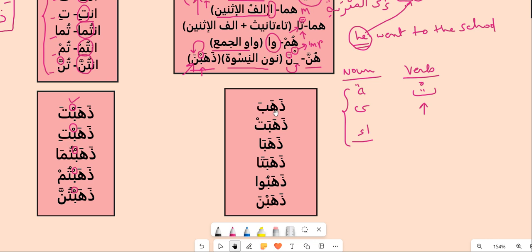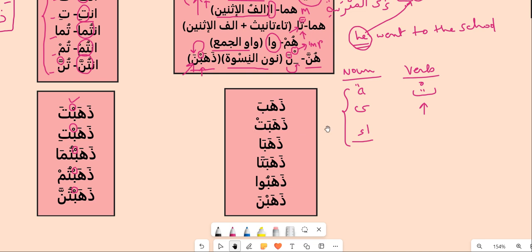Dhahaba, there is no suffix of the damir, so you know the huwa is hidden inside dhahaba. Dhahabat, most of the students get confused and they say that this ta tanis is the damir. The ta tanis is not a damir. Mark this, the ta tanis is not a damir. It is just a sign of femininity.